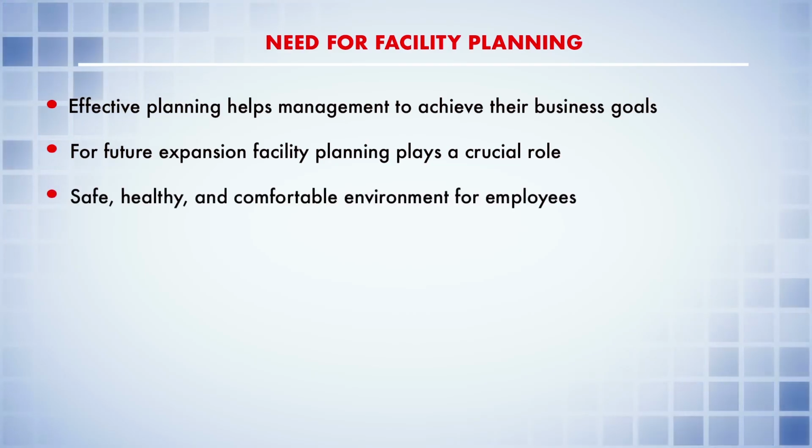Another important thing is that we always want a safe, healthy and comfortable environment for our employees. That means a healthy environment, a proper lighting system, and proper circulation in the working place.